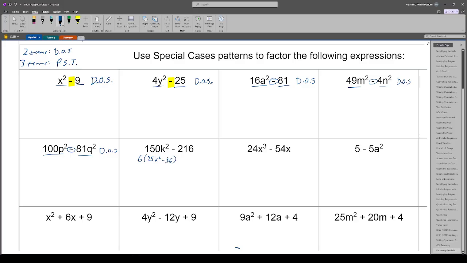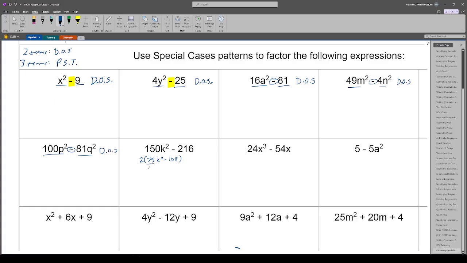And if you don't see that you can divide out 6, remember that you can do factoring in stages. So if I just recognize these are both even, I could do 2 times 75k squared minus 108. Now I see that these are not both even, but it might be easier to now tell that they're divisible by 3. A way to know if something's divisible by 3 is to add the digits.